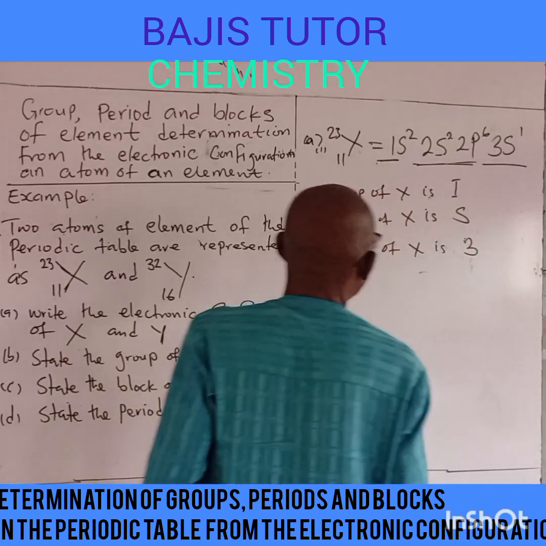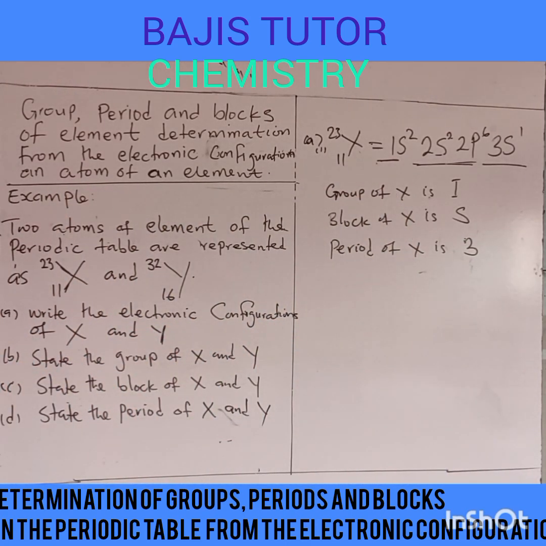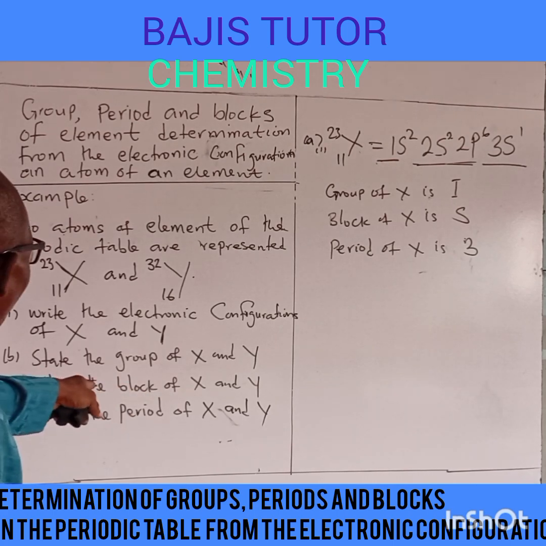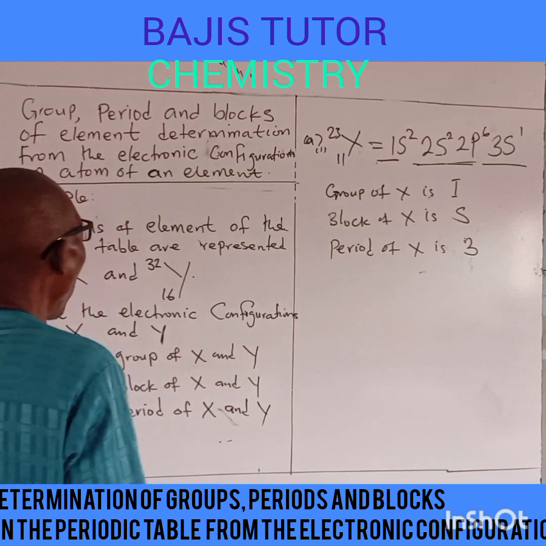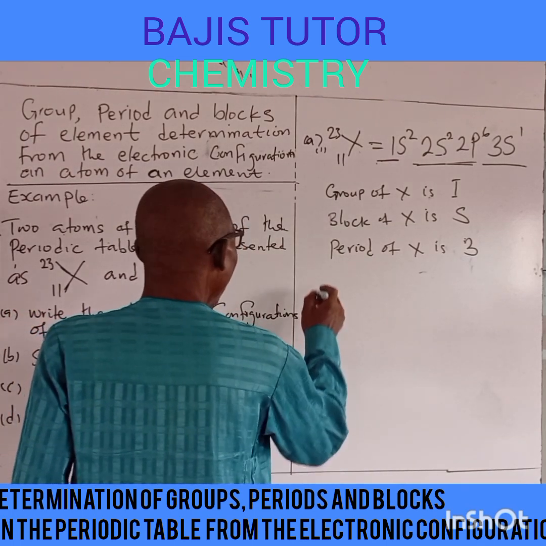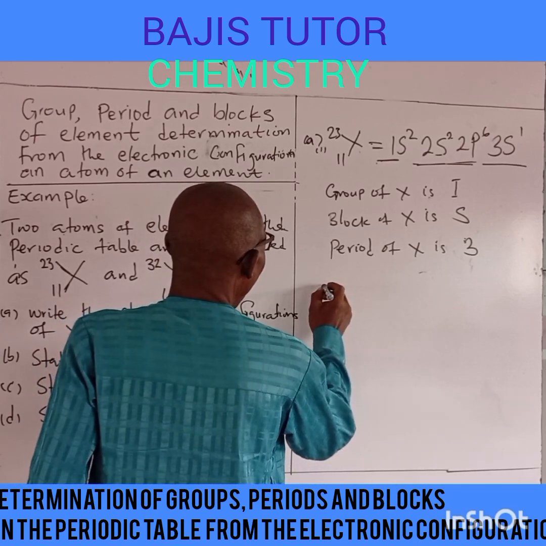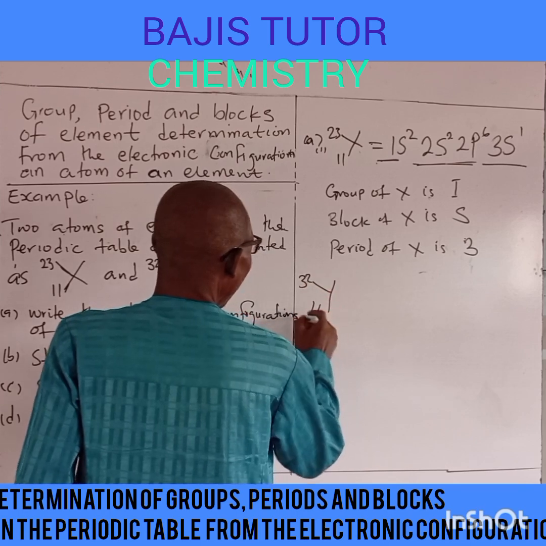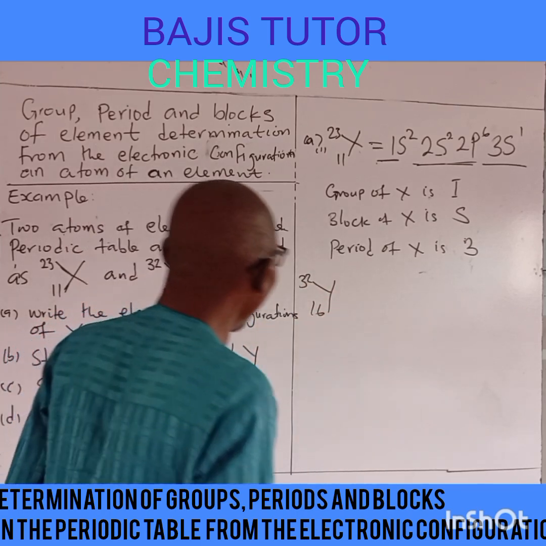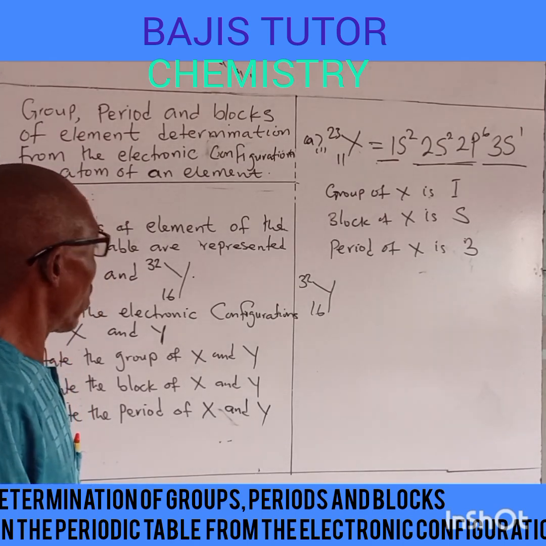Now let's look for the period of X and Y, the block of X and Y, and the group of X and Y. We have stated all those for X. For Y, we have Y with mass number 32 and atomic number 16, meaning that there are 16 protons and 16 electrons, since it's not carrying any charge.